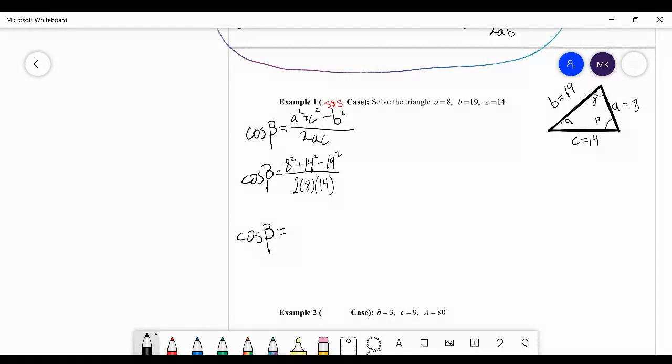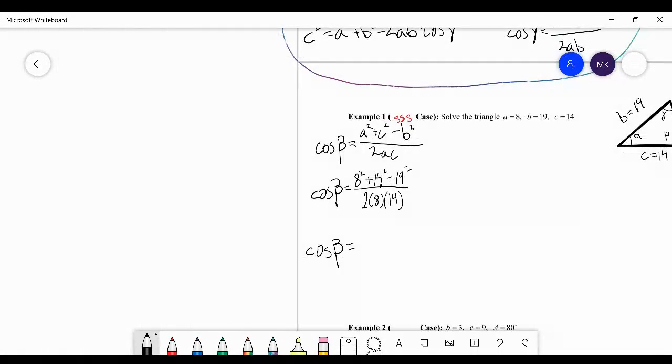One of the most common issues is if you don't put parentheses around the numerator, you'll end up doing 8 squared plus 14 squared minus 19 squared over 2 times 8 times 14, if you're not careful with your parentheses.